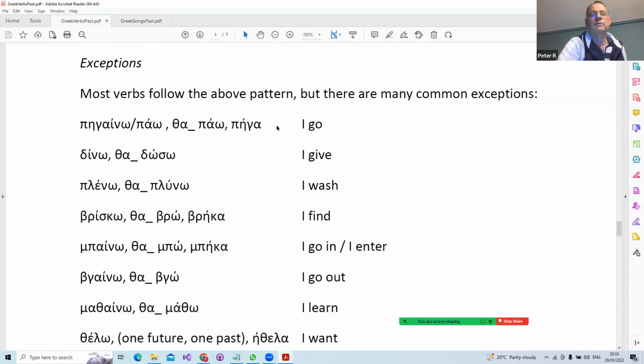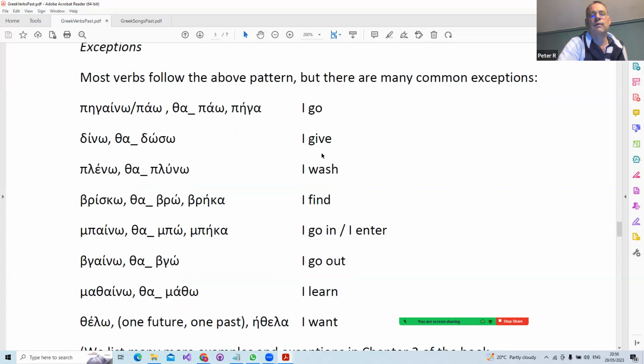And if you want to do the past, it would be piga. And then we've got this funny gamma thing, changing the sound according to the ending. So I went is piga. This is past tense. You went would be pies, with the ES ending at the end, so it carries on. Okay, another irregular one.